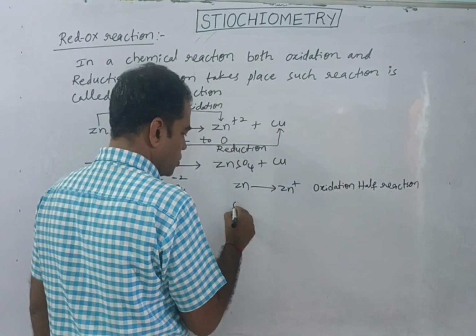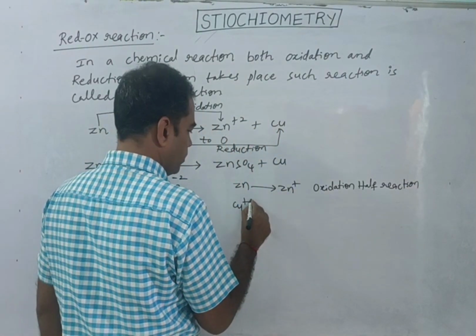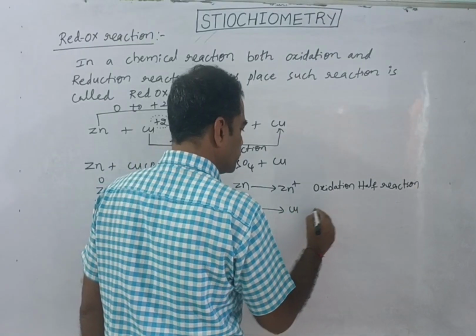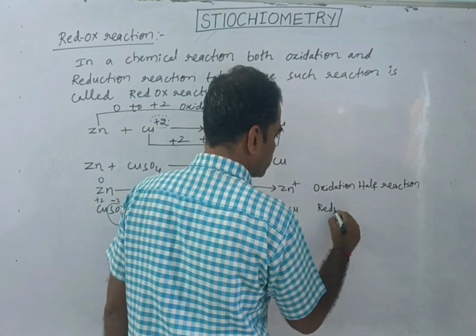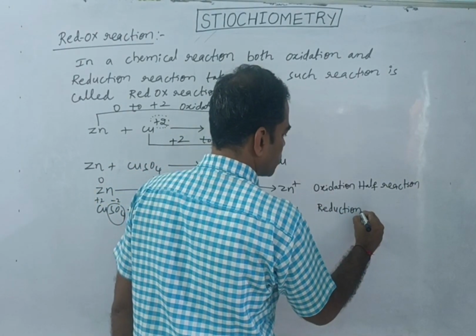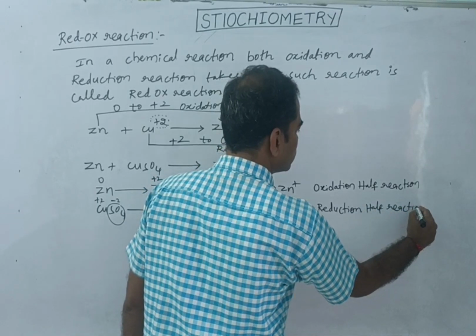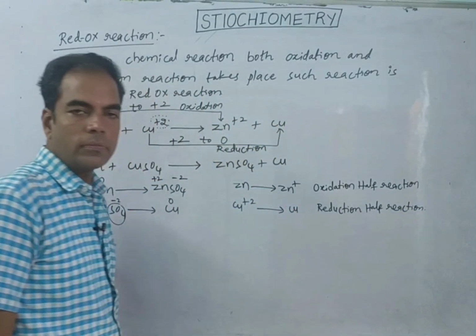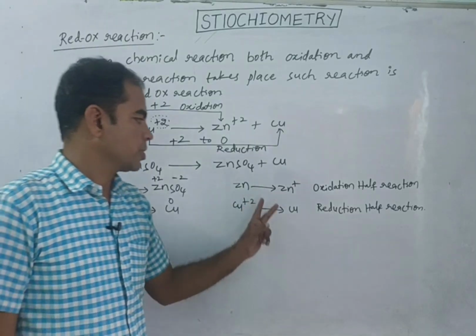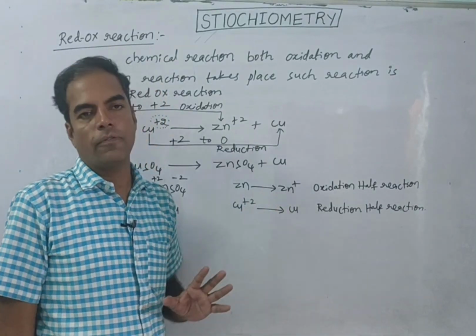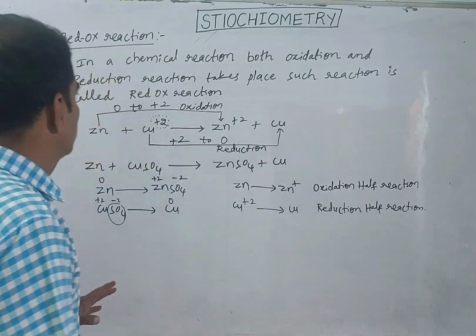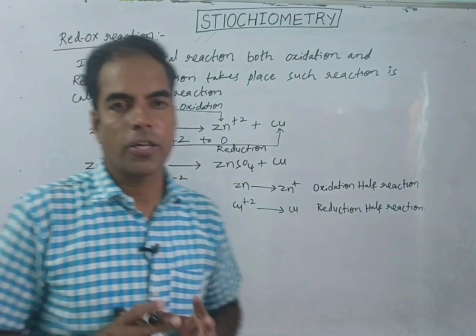Next, Cu2+ to Cu is a reduction half reaction. Right? Oxidation half reaction and reduction half reaction. So this is about the redox reaction.